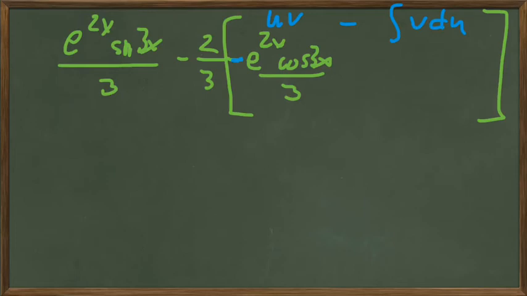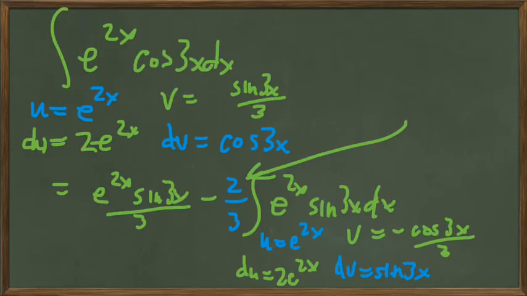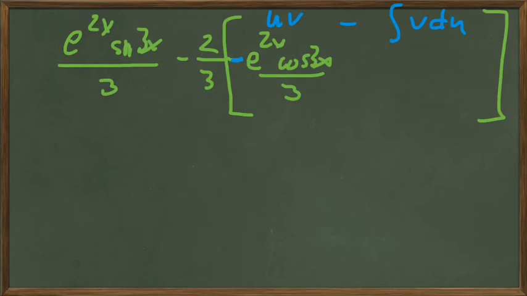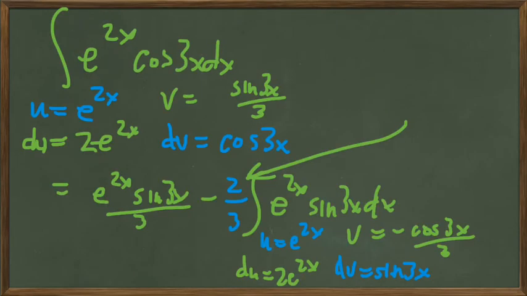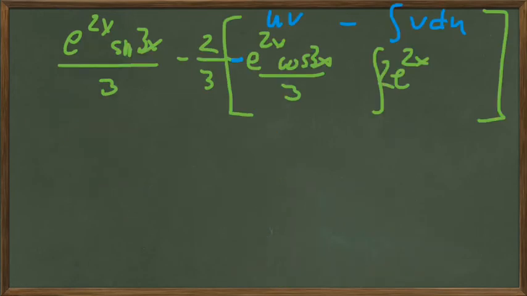And then the integral of v du is 2e to the 2x and minus cosine 3x over 3 dx, and that was minus.